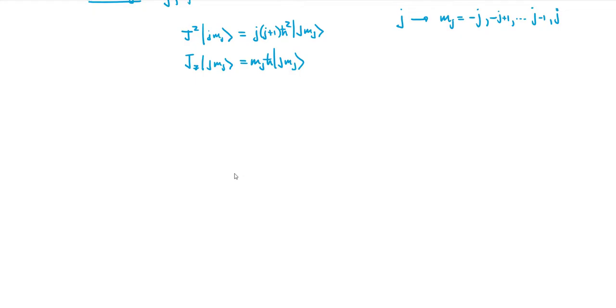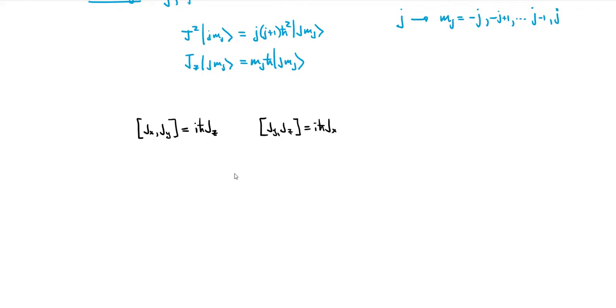Other things we had for these angular momentum operators is that they had similar commutation relations, right? The x component of the angular momentum and the y component of our angular momentum had a commutation relationship that looked like that. And we also had cyclic permutations of the commutation relationship.